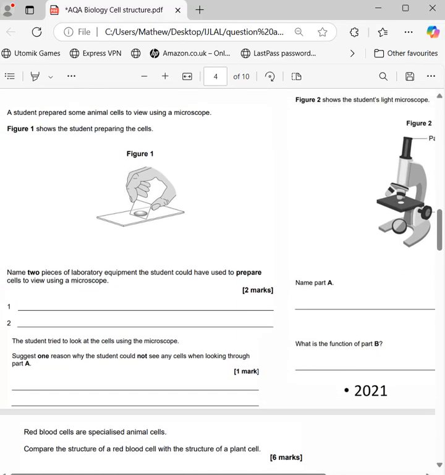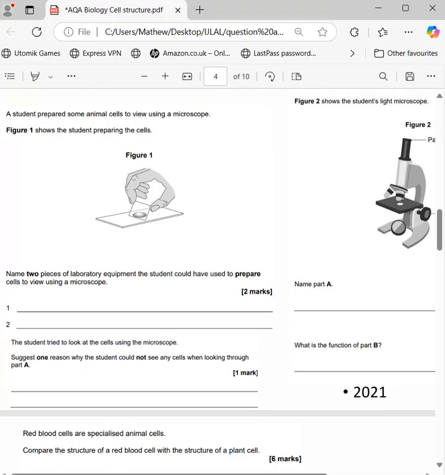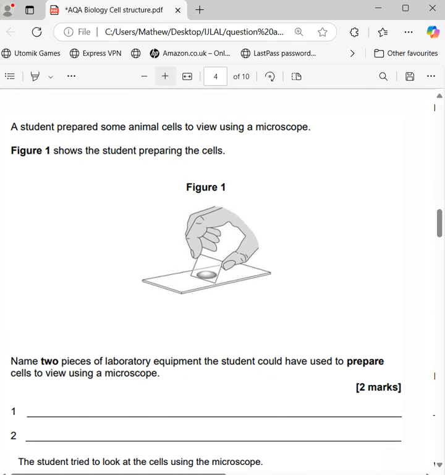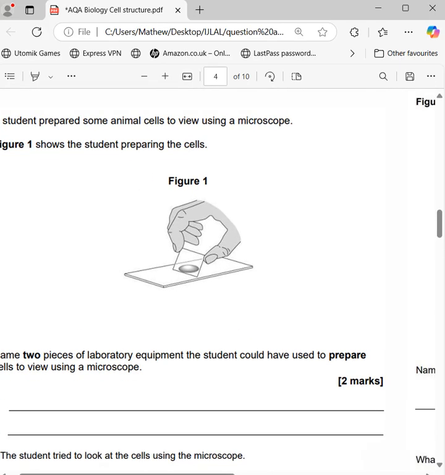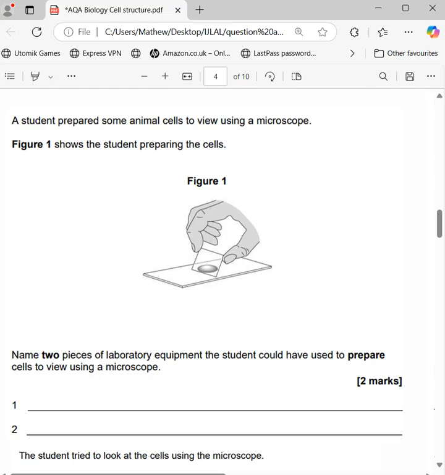Now, the next question is this. Here they said a student prepared some animal cells to view using a microscope. Figure 1 shows the student preparing the cells.